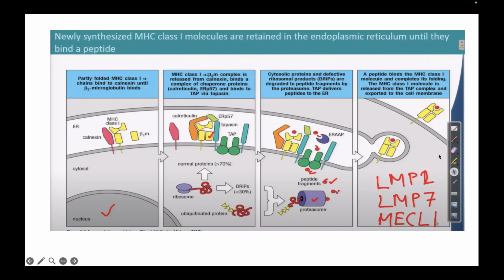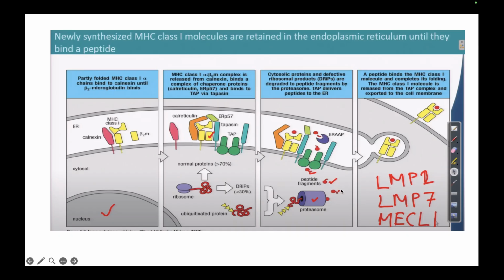There are also proteases present, LMP2, LMP7 and MECL1, that carry out proteasomal degradation to generate peptides with conserved residues which can bind to the cleft of this MHC class 1.